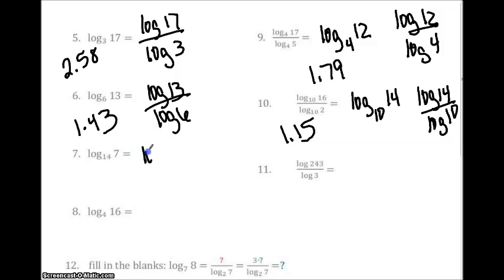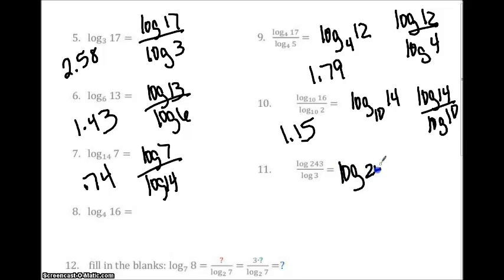Number 7 becomes log 7 over log 14. Log 7 closed divided by log 14, 0.74. Subtract here and it becomes log 240. So it's base 10. You ought to be able to just go log 240 and get 2.38.